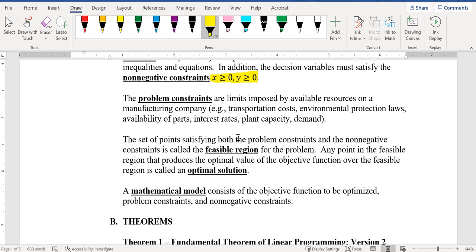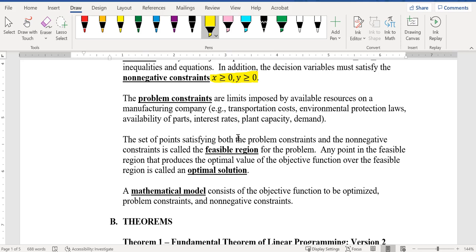So those are going to be your problem constraints. Okay, the set of points satisfying both the problem constraints and the non-negative constraints, remember that's that x and y can't be negative, the set of all points satisfying those things is called the feasible region for the problem. And in the last section, we learned how to find that feasible region.